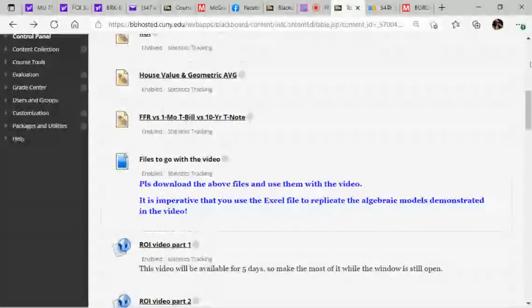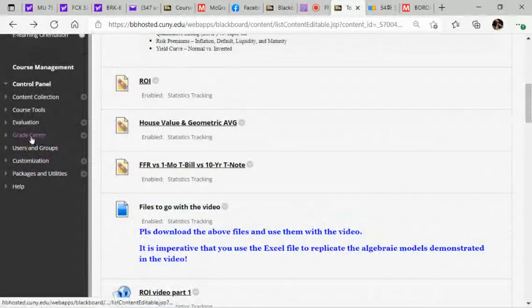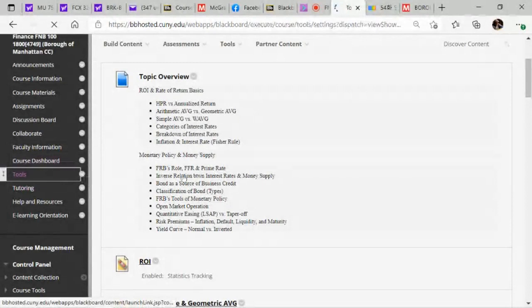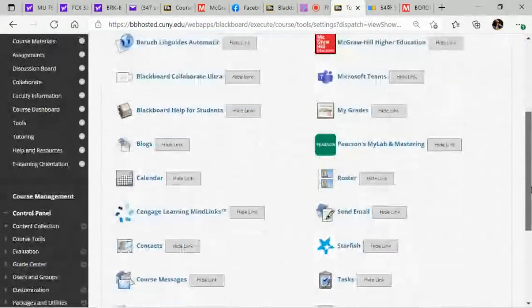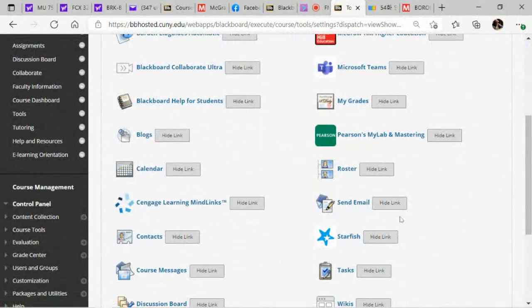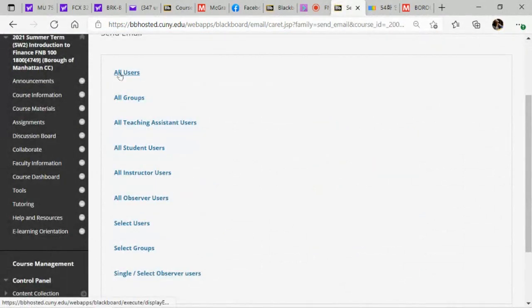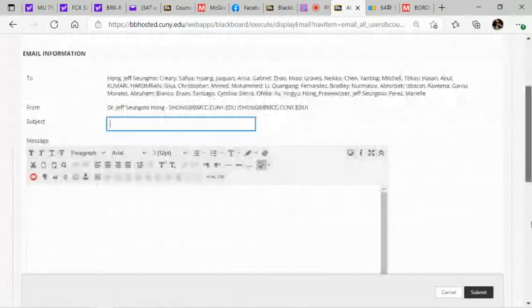When I send email to the class, I go to Tools and send email, and I check all users. If I compose email there and submit it, it goes automatically to the email that is registered with Blackboard.